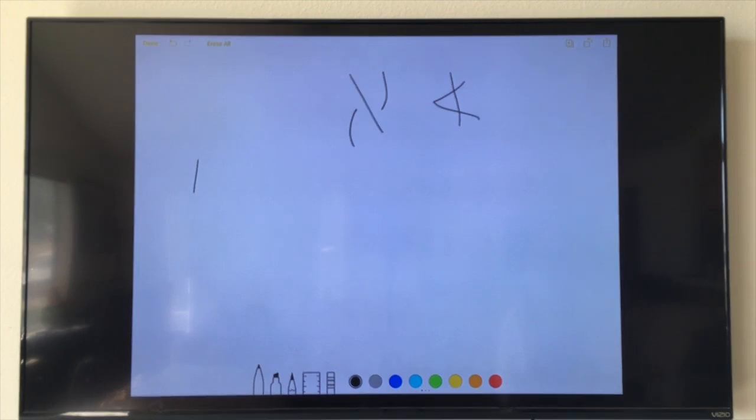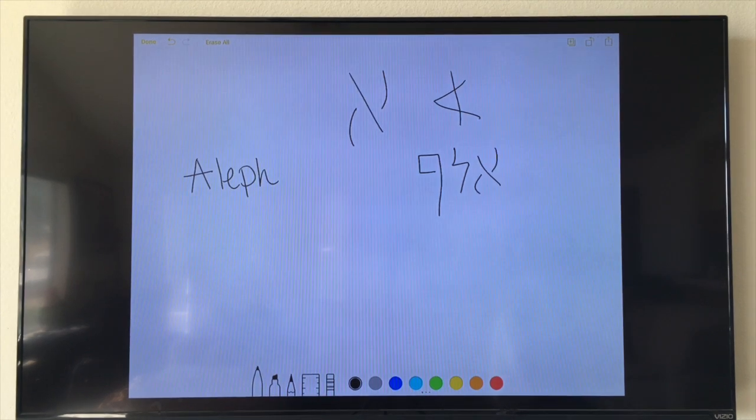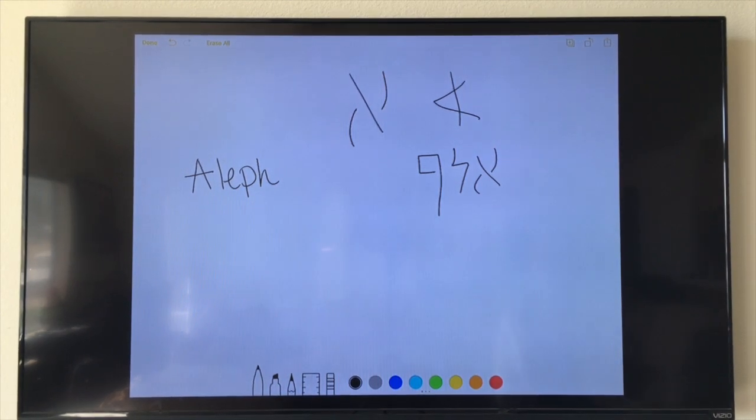In English it would look like this, Aleph, but in Hebrew it would look like this. And that spells Aleph. Now, I know you're not familiar with all of these. You know the Aleph. The second letter is a lamed, and it's a staff, and it means control or toward or an ox goad, and the pei is a mouth or an opening.